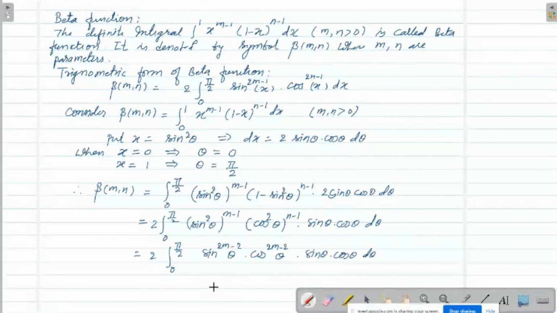Just wait. So this can be written as 2 times integration of limit 0 to pi by 2, and the power is 1, so one power will get added here. So this is sine 2m minus 1 theta into cos 2n minus 1 theta.